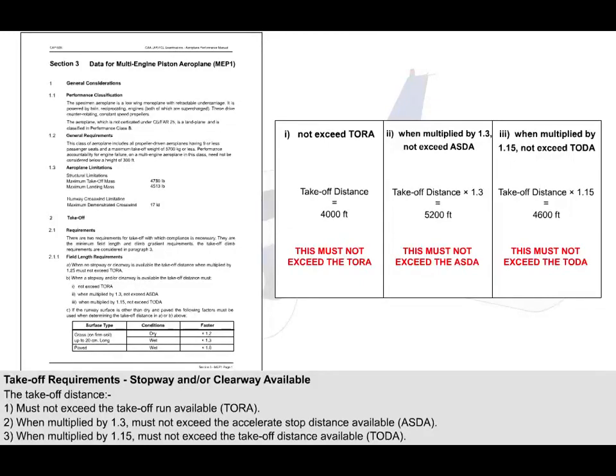You may recall that the takeoff distance available is the takeoff run available plus any clearway. Therefore, the pilot must ensure that he has at least 4,600 feet of takeoff distance available. If any of these regulations cannot be complied with, the pilot must reduce his takeoff distance.